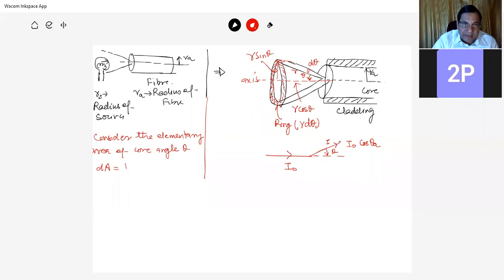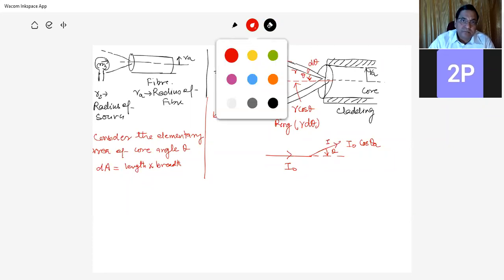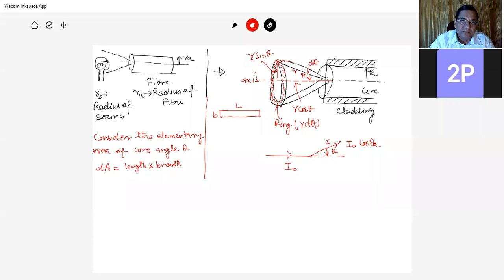So area is length into breadth. तो लेंथ किसका, मान लीजिए ये एक कोई, this is your length L and here it is B. This is L into B.